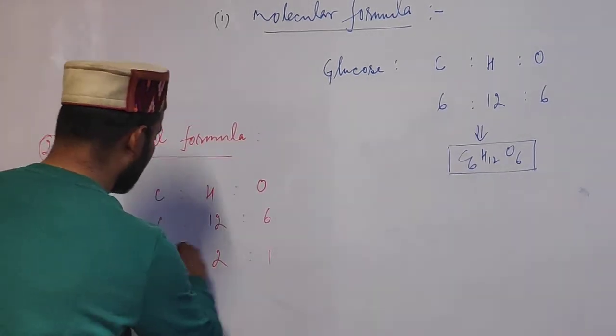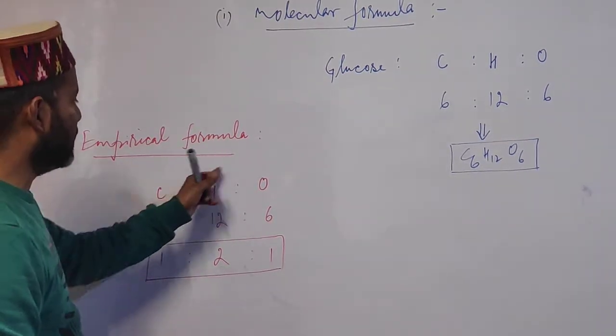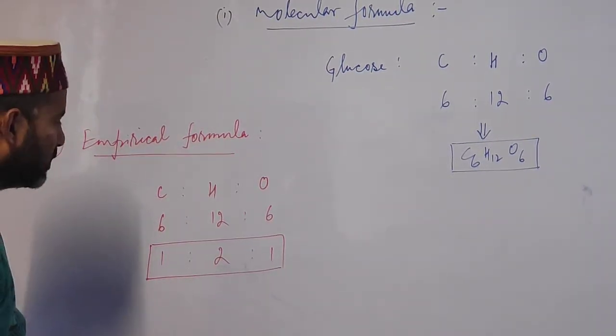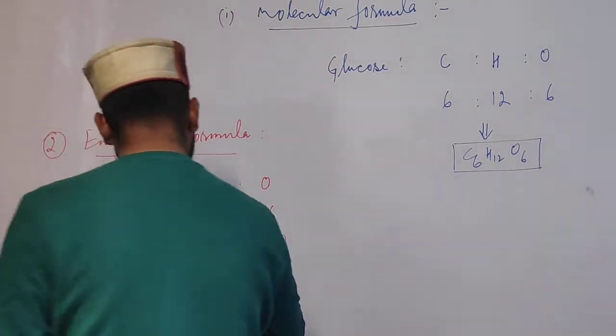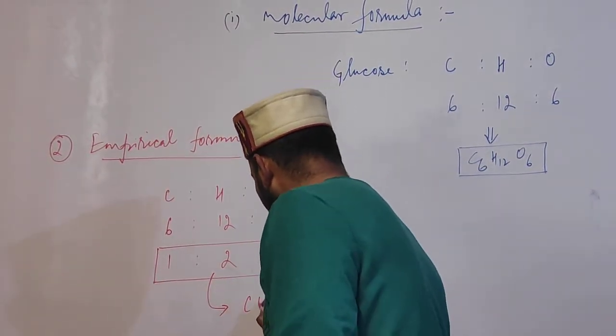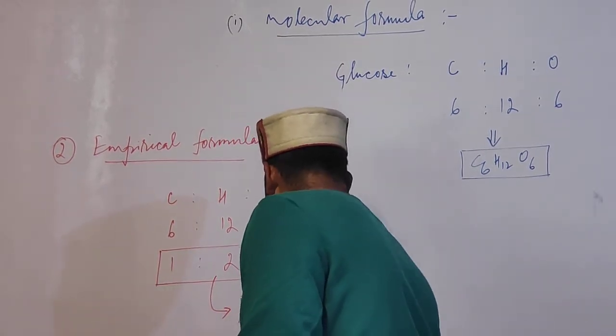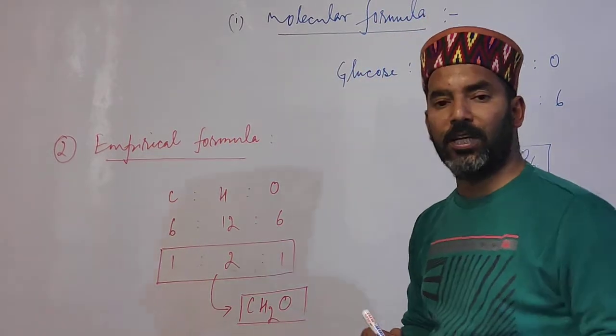And this is the simplest whole number ratio between these elements. So the formula from this will be C, H with 2, and oxygen 1, that is CH2O. Students, this is the empirical formula.